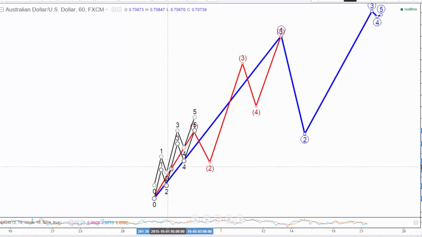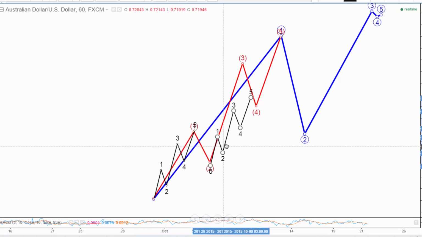Let me just clone this. I'll give a good representation of what we've got here.